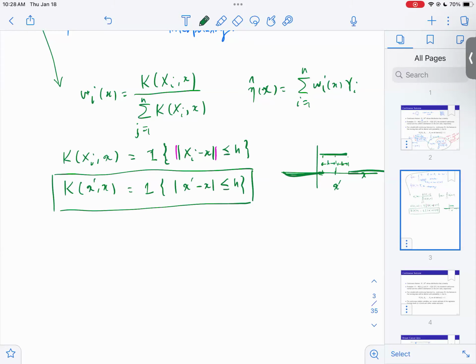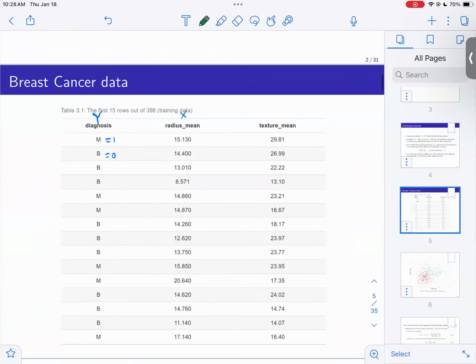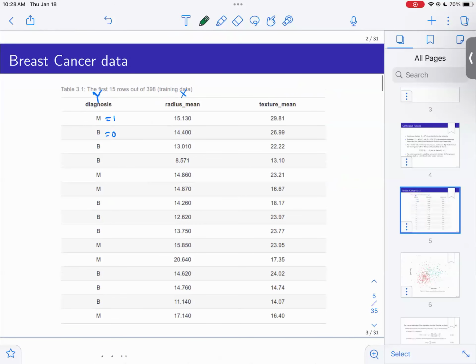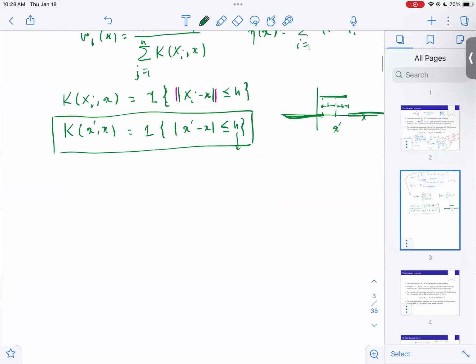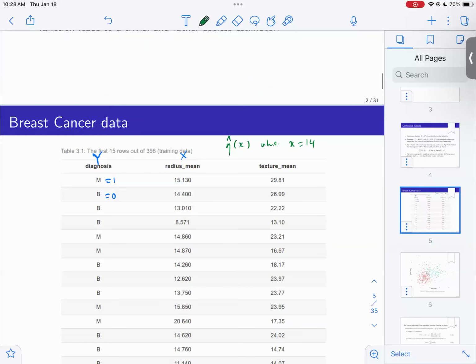So you would go, for example, here. Let's say I want to calculate eta hat of x, where x is 14. This parameter is called the bandwidth. Let's say the bandwidth is 0.5.